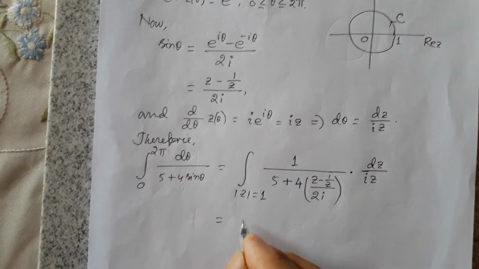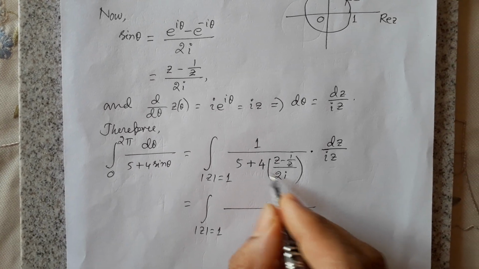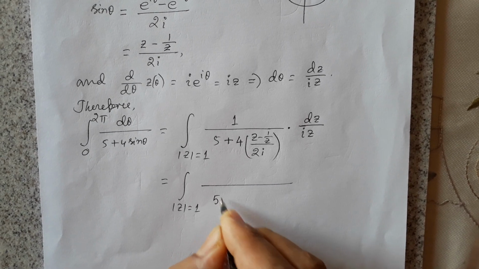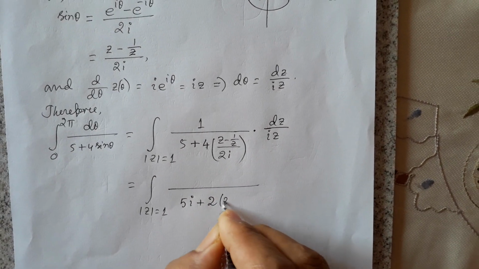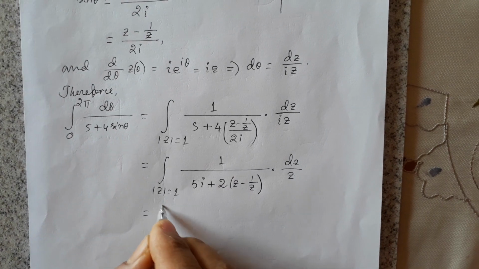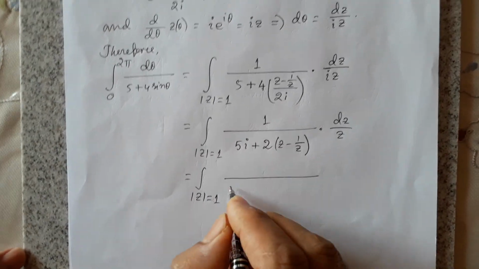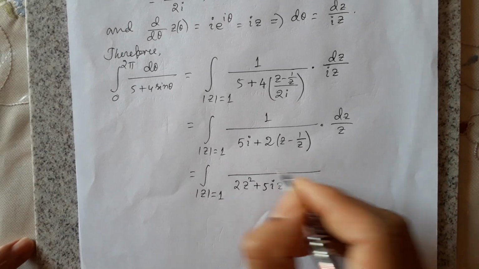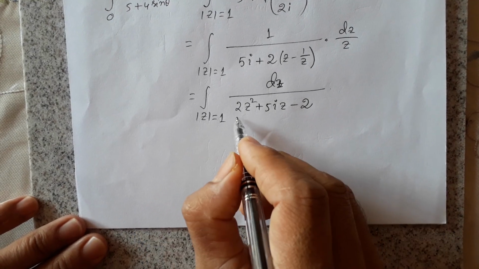If I simplify a bit, the 2s cancel out, and the i cancels out. The i is multiplied with 5, so it is 5i plus 2 times z minus 1 by z, and dz by z. Further simplifying, z cancels out, and it is 2z square plus 5iz minus 2, dz by this.